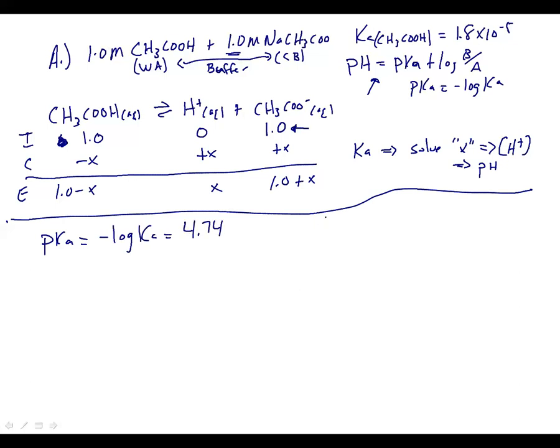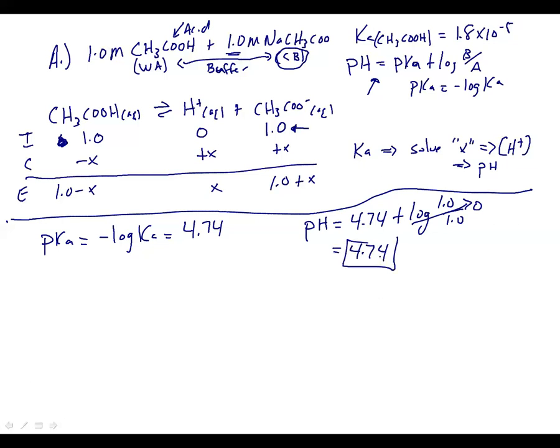Then our pH would equal 4.74 plus the log of the base over the acid, where this is our acid and this is our base. So in this case it's 1 over 1, and the log of that is 0. That means the pH of the solution would be 4.74 to begin with. And if you went through the whole ice table process, you should get there as well.